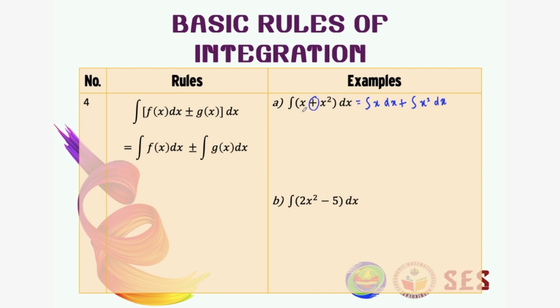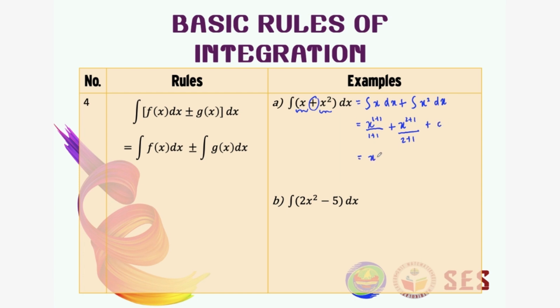So we can separate these two functions. So this one, we should get x to the power of 1 plus 1 divided by 1 plus 1. So we can add x to the power of 2 plus 1 divided by 2 plus 1, and don't forget our c.